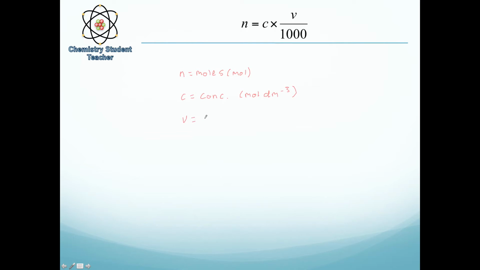And v is volume, and in this case, because it's over 1,000, it's in centimetres cubed. If we had n equals c times v, volume would actually be in decimetres cubed, because if you remember the conversion, 1 decimetre cubed is 1,000 centimetres cubed. So if you divide by 1,000, you can convert from decimetres to centimetres cubed.